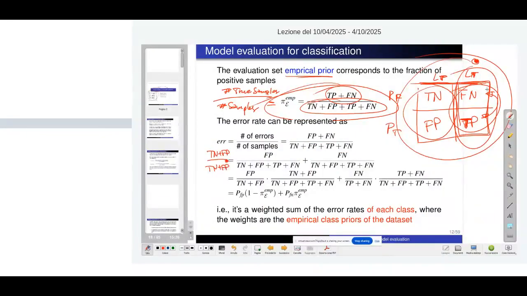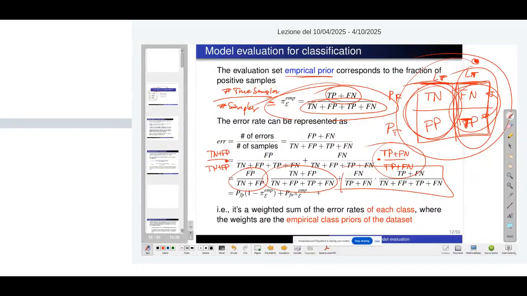This is the number of samples from class false. And on the other side, we multiply by TP plus FN divided by TP plus FN. These are the number of samples from class true. Then we arrange our computation and we can write our error rate in this way.